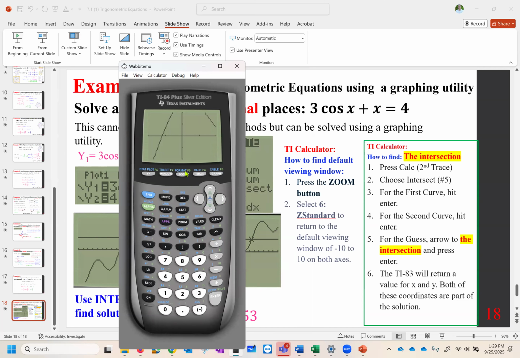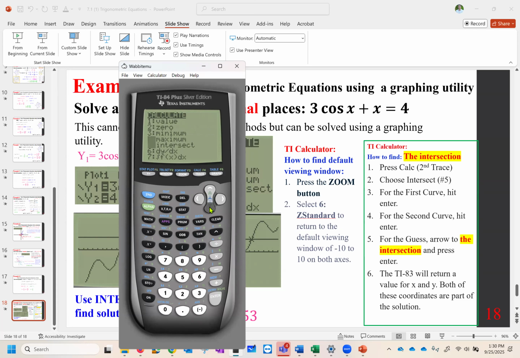We don't see the entire thing. We click on zoom. Standard form brings us to the graph that we had. Again, trace.